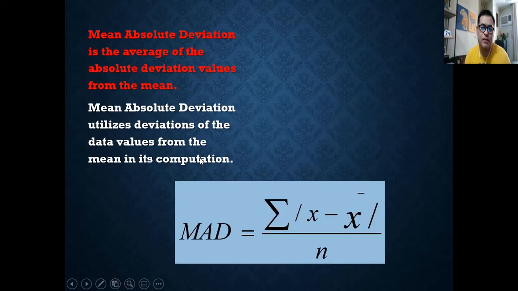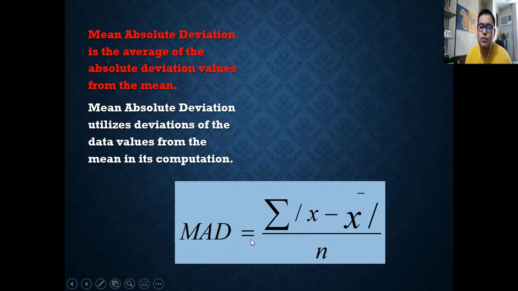Another measure of variability is the mean absolute deviation, or MAD. The mean absolute deviation is the average of the absolute deviation values from the mean. This utilizes deviations of the data values from the mean in its computation. So we have the general formula for the mean absolute deviation.